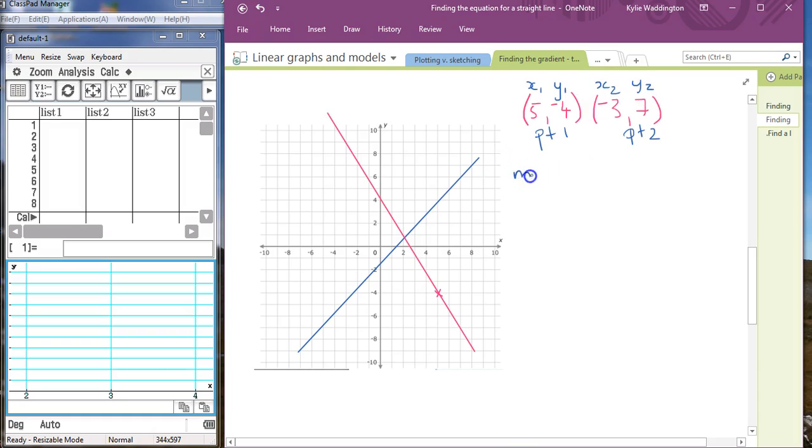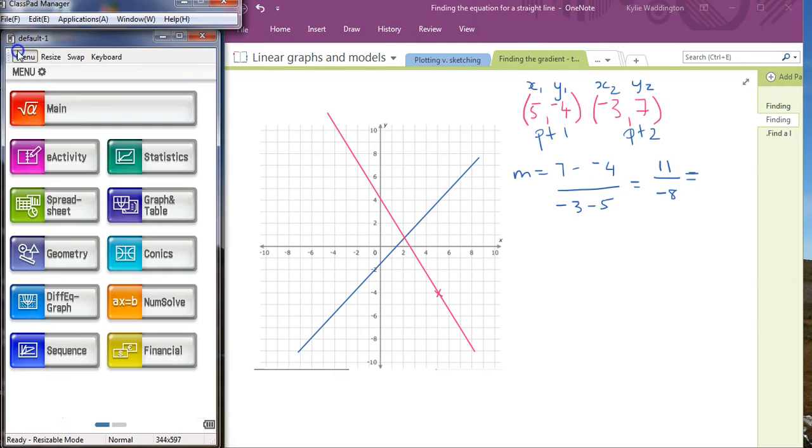Okay, m equals 7 minus 4 over negative 3 minus 5, which gives us, now remember when you have a negative and a negative, it makes it positive, so it's 11 over negative 8. And you can work that out as well if you want to.